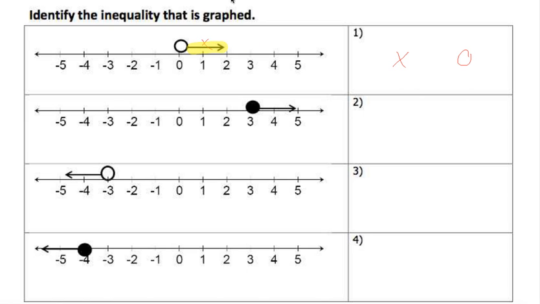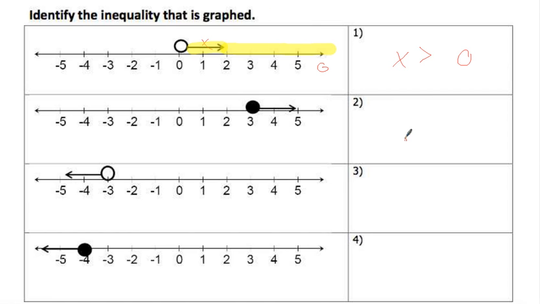So this is X, and all these other numbers here, even though the arrow doesn't go that far. Because we're going this way, this is the greater side. X is greater, and it's not filled in, so it's just greater. X is greater than 0. X can be any of these numbers that are greater than 0.